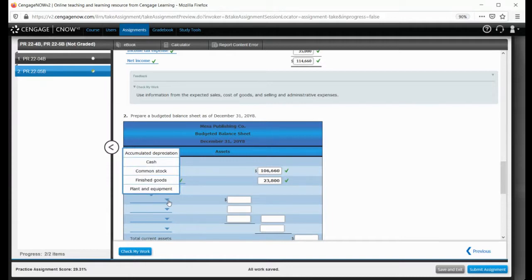From my drop down list, the only inventory account would be finished goods. Now, technically, class, I probably would have started with direct materials inventory because we always talk about it first as being one of the manufacturing costs. I don't know why Cengage did this, but this was the only one that you could choose from, and it had to be an inventory. So we're going to start with finished goods inventory.